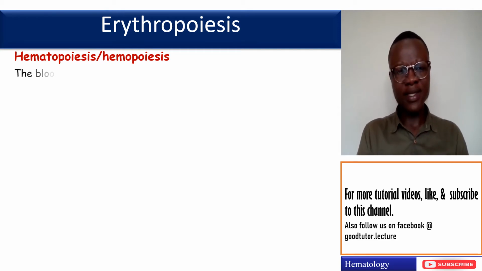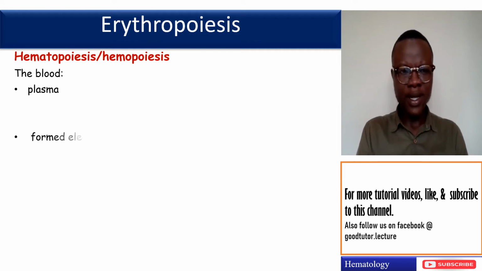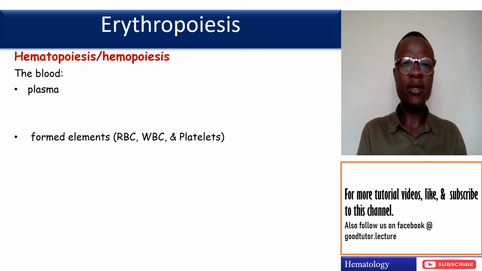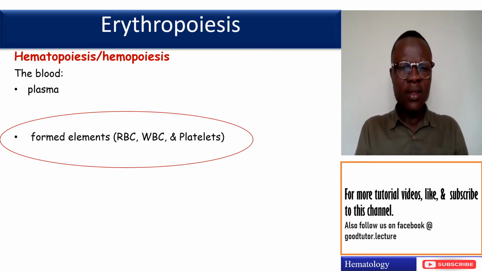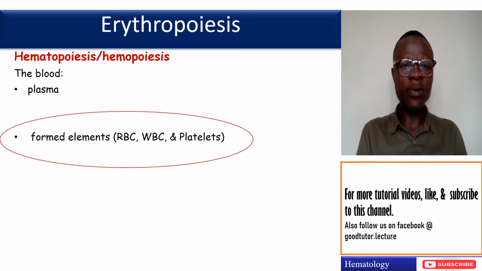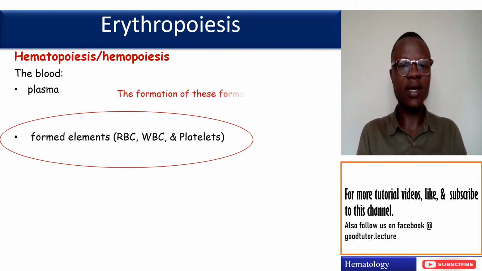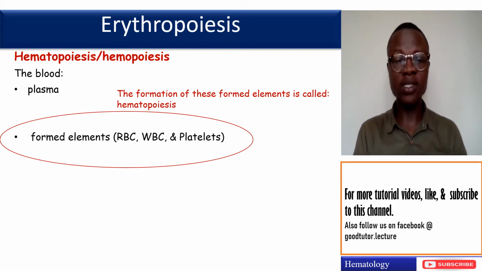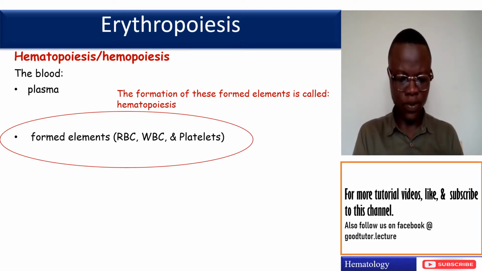You remember that the blood is basically made of a plasma component and the form elements that include the red blood cells, the white blood cells, and the platelets. The form elements here are formed by the process known as hematopoiesis. So the formation of these form elements occurs through a mechanism or a process known as hematopoiesis.